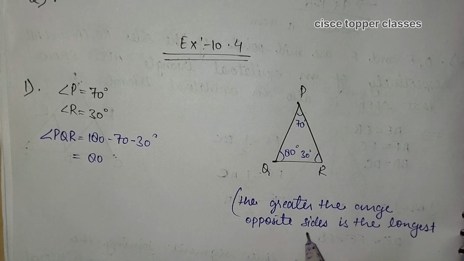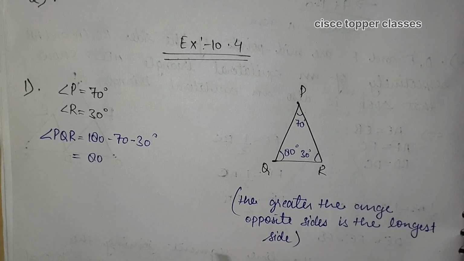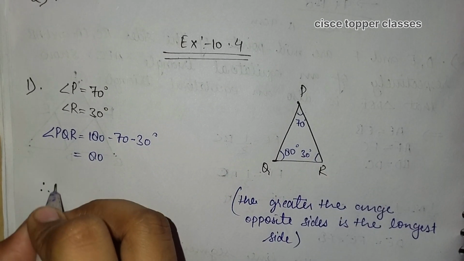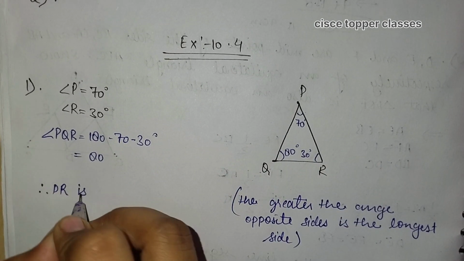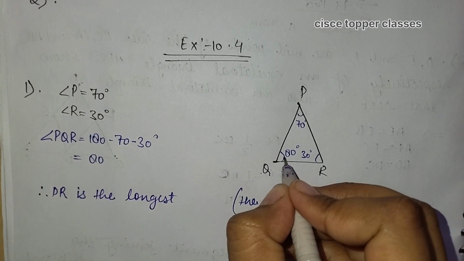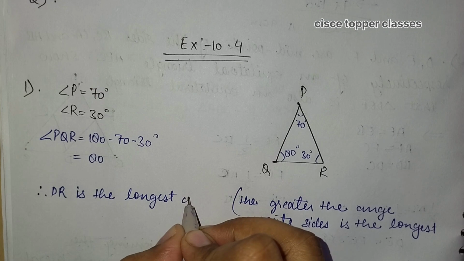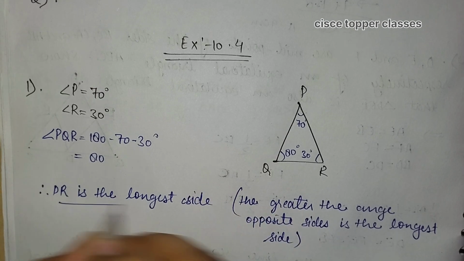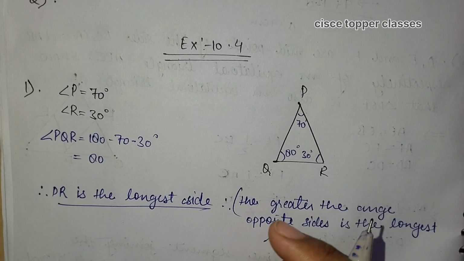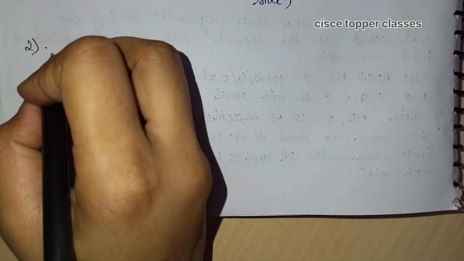So this is the thing. Now we can simply write it as from here that PR is the longest side here. So PR is the longest side because it is opposite to the greater angle. So here this is the final answer which we have to find, and this is the reason why this is so.